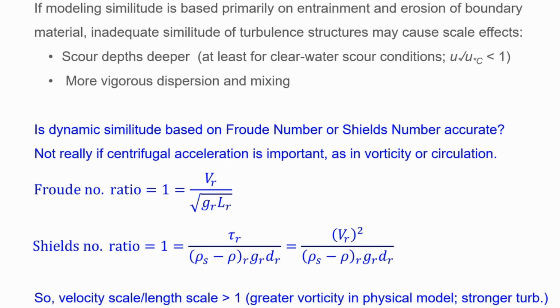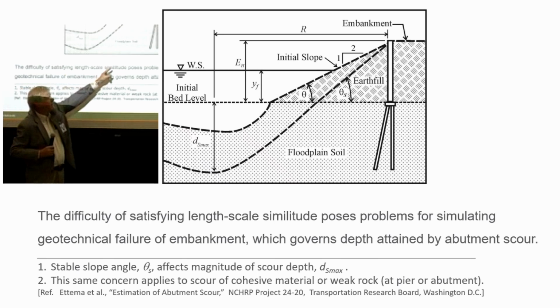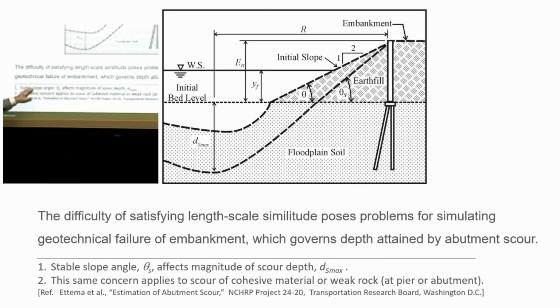When you have vortices, I'm not sure that the lab model captures fully what's going on with the turbulent structure. Look at the earthfill embankment. Scour triggers failure, and then you have a slope stability failure. So if you want to model that in the lab, you have to model the soil strength, which is a problem. So this is actually, I think, abutment scour, as I point out, and scour at in-stream structures such as Bendway weirs and rock vanes is more of a geomechanics problem than a hydraulic problem.